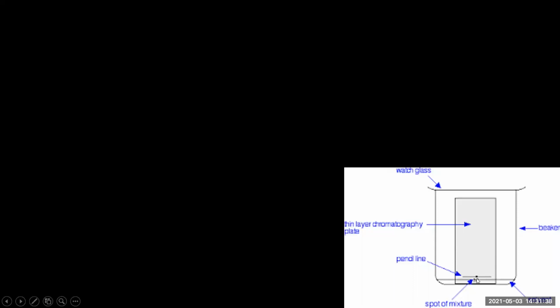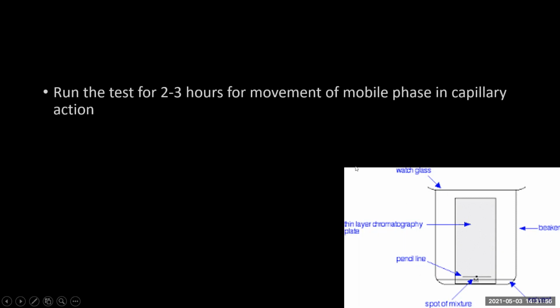Once the sample is spotted and dry, you lower it into a chamber containing the solvent system. Again, make sure the sample spotted is higher than the level of the solvent. It is not immersed. Then close it with a watch glass to ensure there is no evaporation.